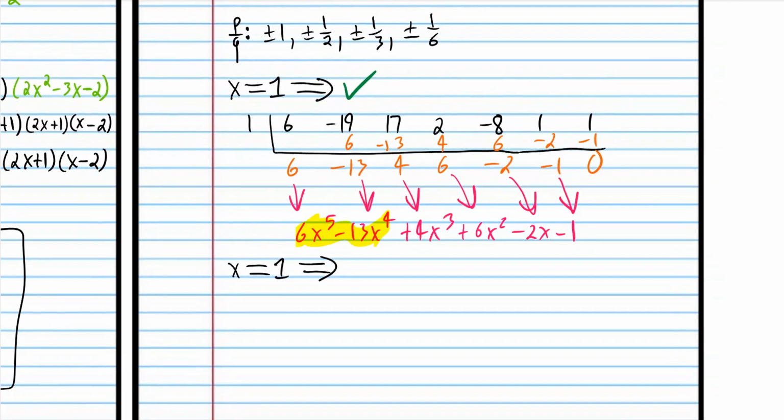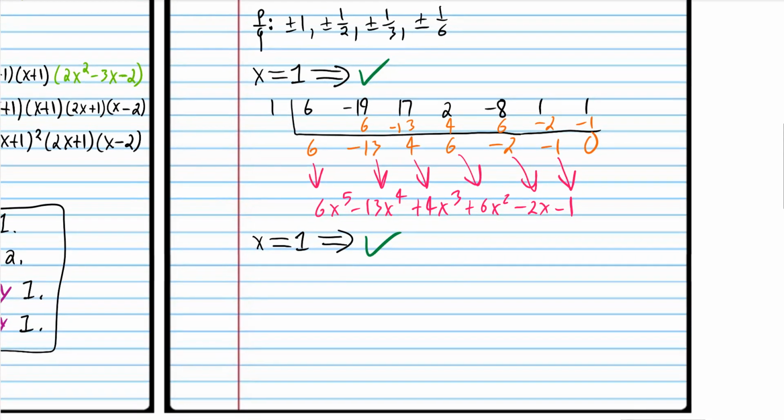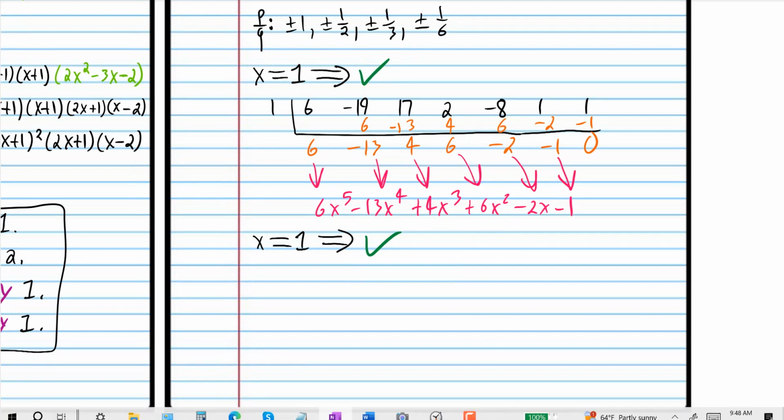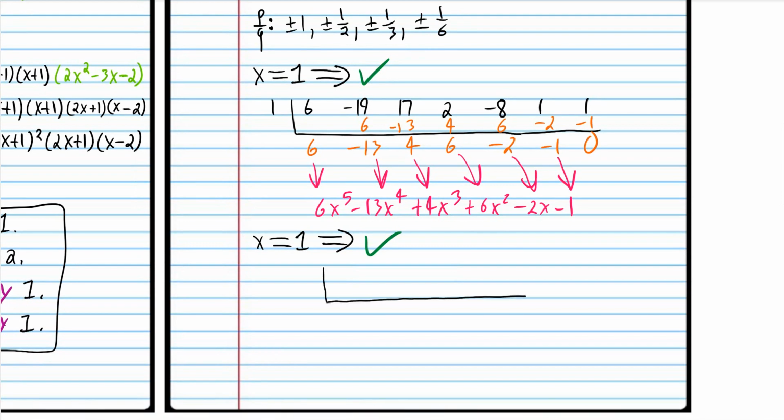So 6 minus 13 is negative 7, plus 4 is negative 3, plus 6 is 3, minus 2 is 1, 1 minus 1 is 0. So that works again. So remember, I said there's going to be a lot of repeated zeros for this. So what that means is we can divide that pink depressed polynomial by x minus 1 again.